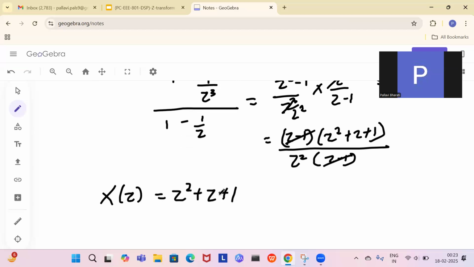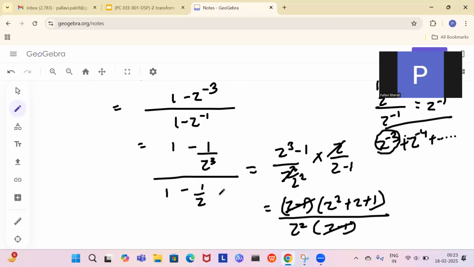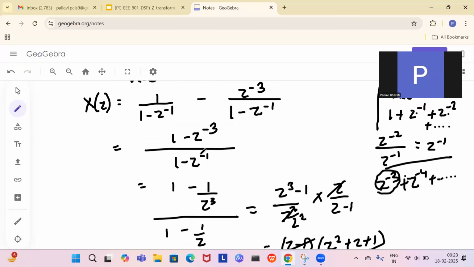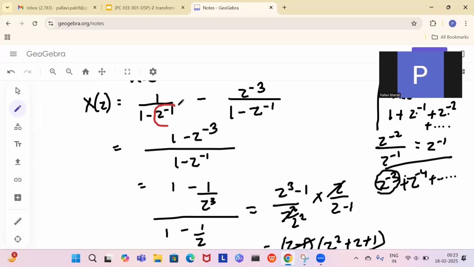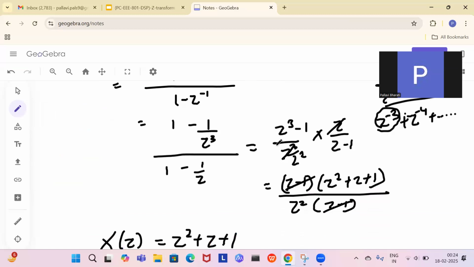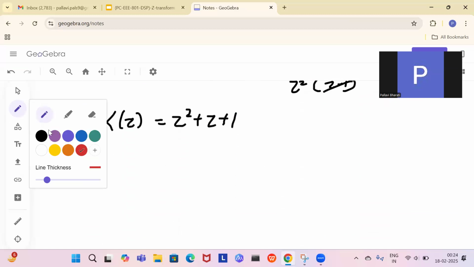Now, finding out the ROC, just see the R. Here the R, for both of them, is z to the power minus 1. This is your R, right? You know the condition on an infinite geometric series: for it to converge, mod of R should be less than 1.